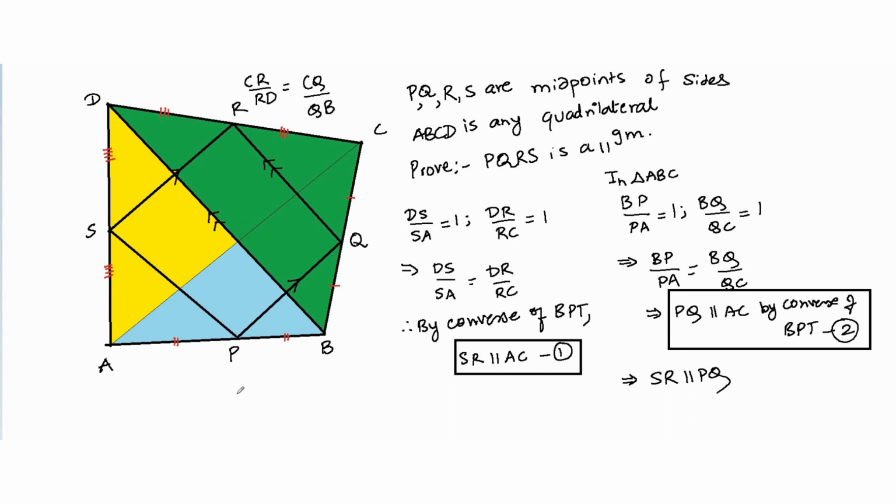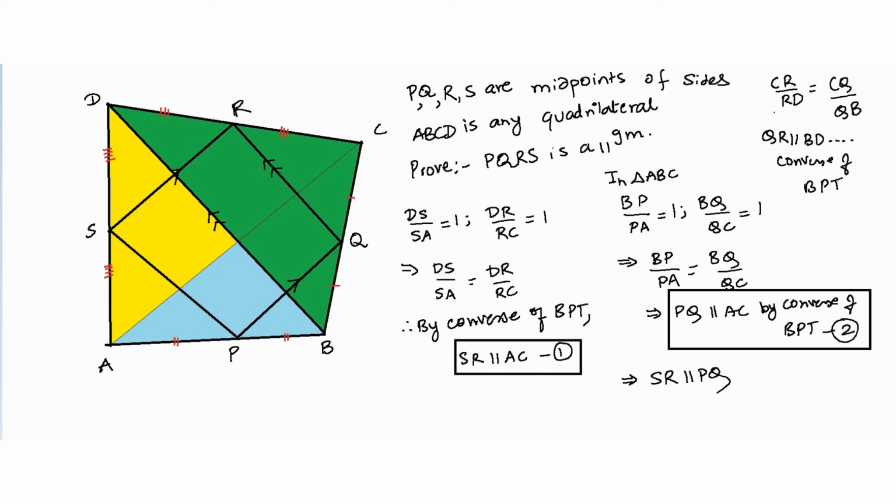Again, this is by converse of BPT. So I have CR by RD equals CQ by QB, which again implies QR is parallel to BD, again by converse of BPT.